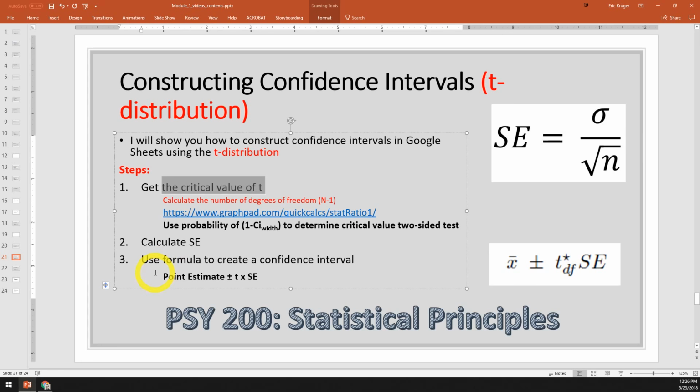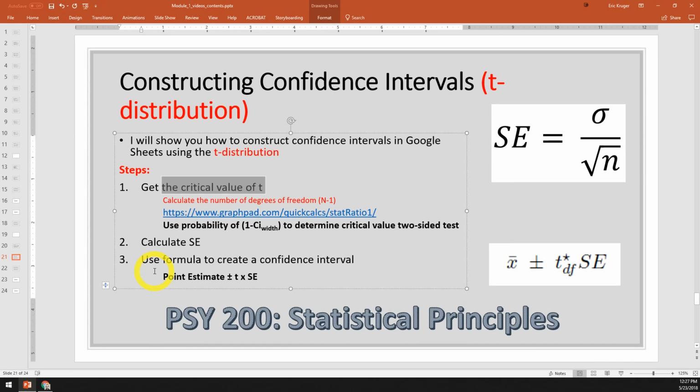If you recall, the Z distribution and the T distribution are very similar, although the key difference with these two distributions, as is talked about in the book and also videos associated with the book, is that with very small sample sizes or very low numbers of observations, there's more weight in the tails with the T distribution because there's more potential for outliers or very large amounts of variability.